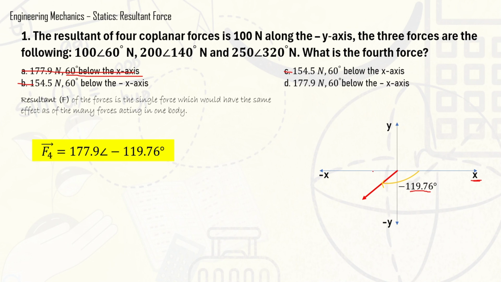Let's prove na this angle is 60 degrees nga. Since we know that this angle is 180 degrees, we can just subtract 119.76 from it.